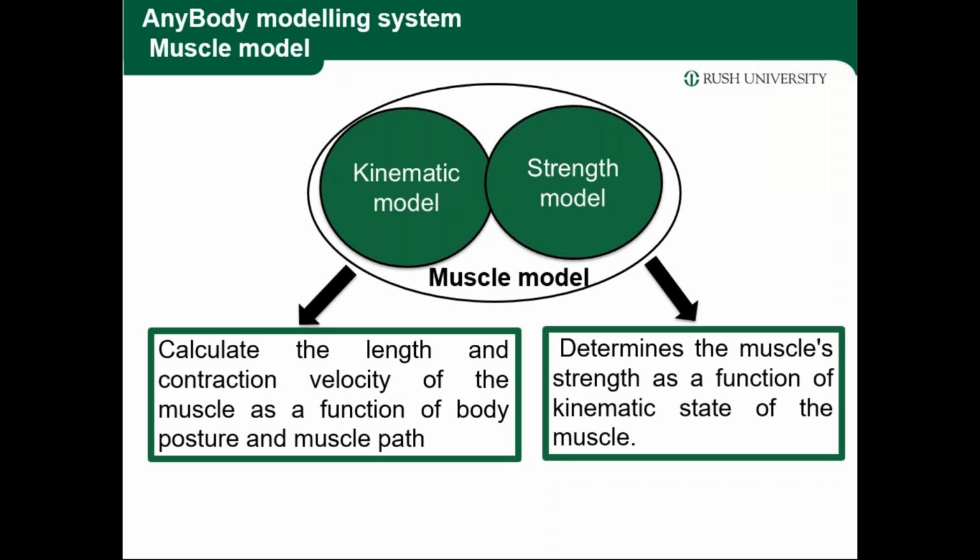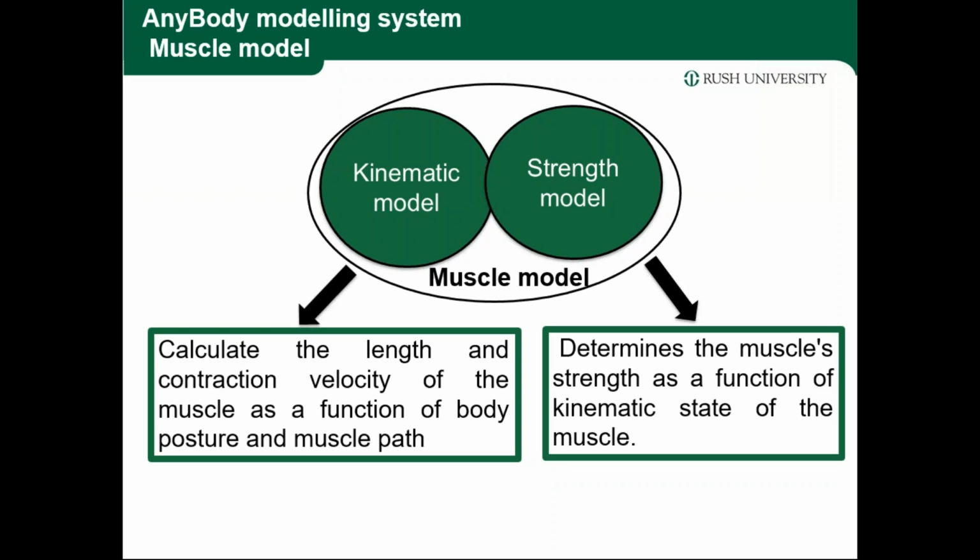And the parameters of this kinematic model and the strength model are adjusted during the scaling session when you scale your musculoskeletal model. The kinematic part calculates the length and the contraction velocity of the muscle as a function of body posture and muscle path.